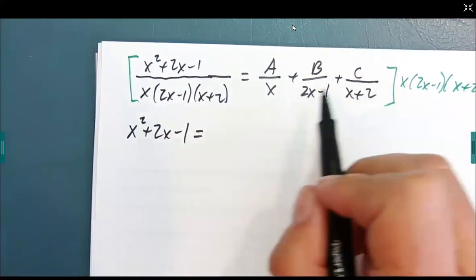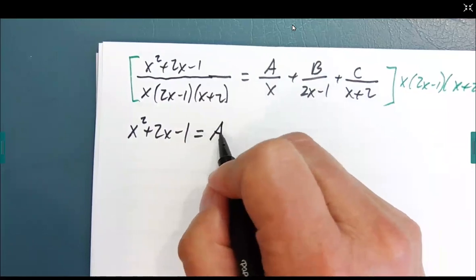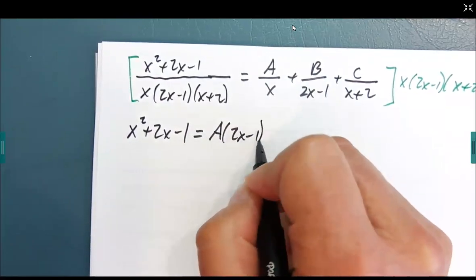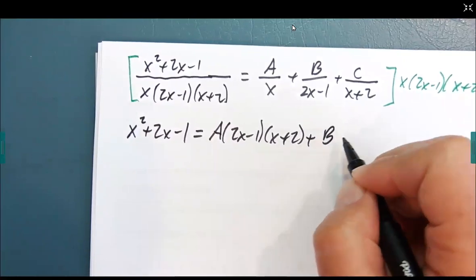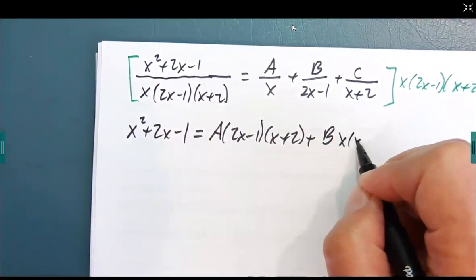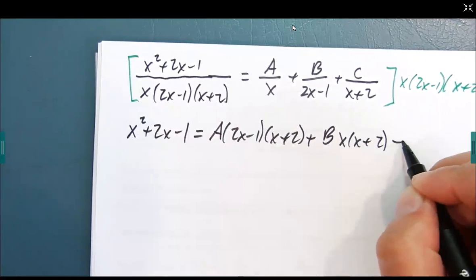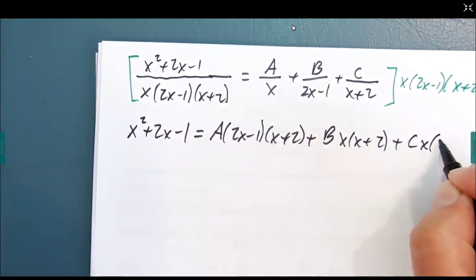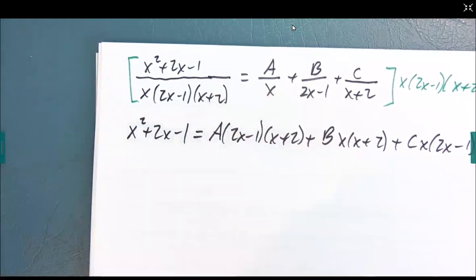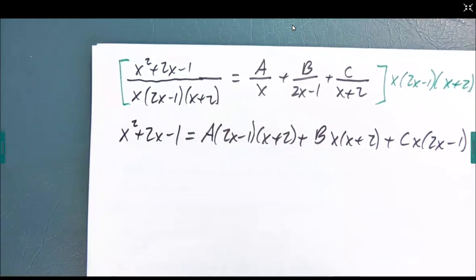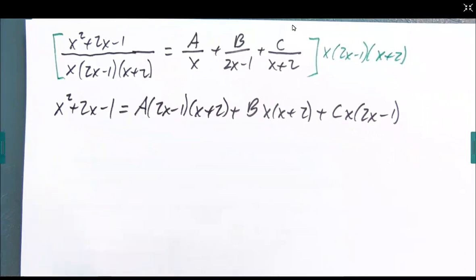And you can see here the x's are going to cancel out, so I'm going to be left with A times 2x minus 1 times x plus 2 plus B times x plus 2 plus C times x times 2x minus 1. Now you'll notice each of these denominators get dropped out, and you can see we're going to have quite a mess here on the right-hand side.